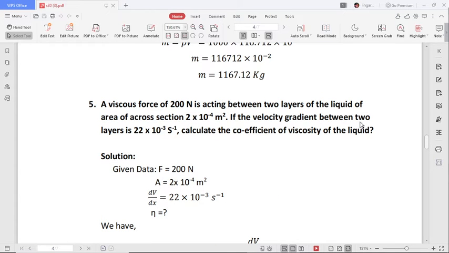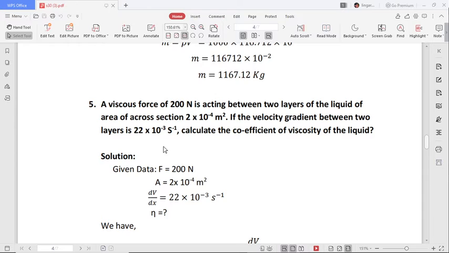Viscous force and viscosity. A viscous force of 200 Newton is acting between two layers of a liquid of area of cross section 2 into 10 to the power of minus 4 meter square. If the velocity gradient between the two layers is 22 to the power of minus 3 per second, calculate the coefficient of viscosity of the liquid.